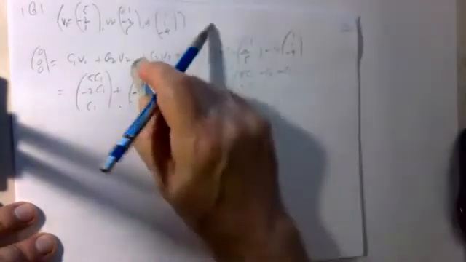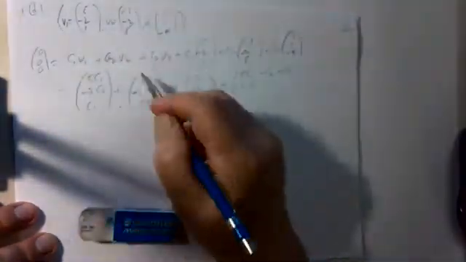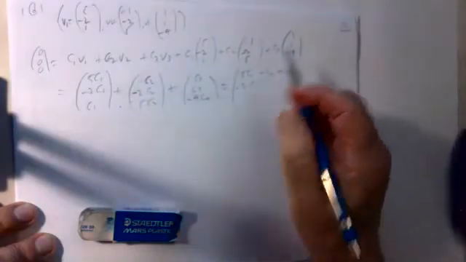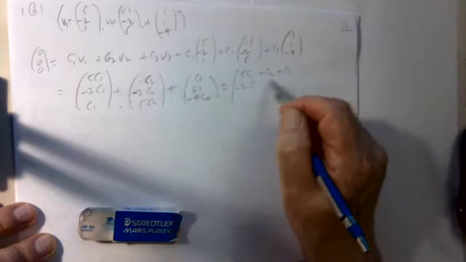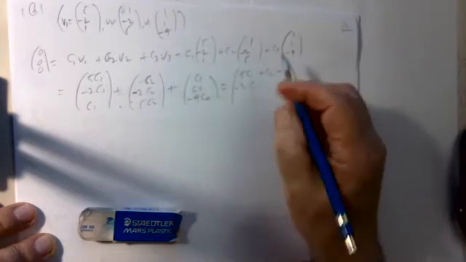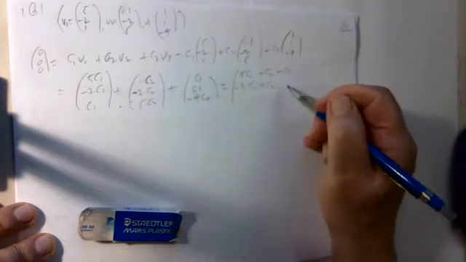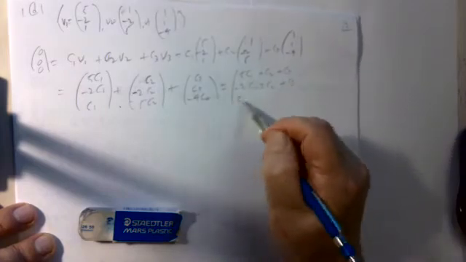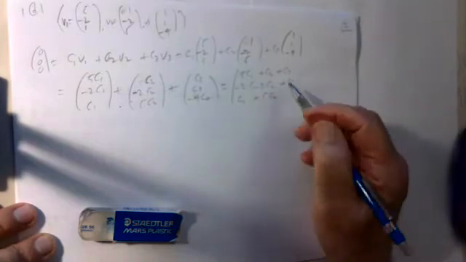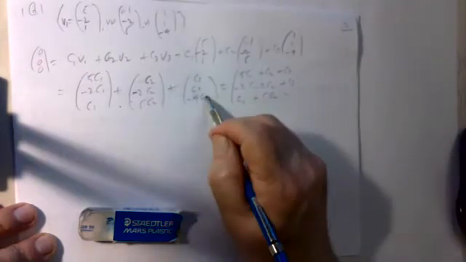So this is plus C2 here. So this is 5C1 plus C2 plus C3, minus 2C1 minus 2C2 plus C3, and C1 plus 5C2 minus 4C3.